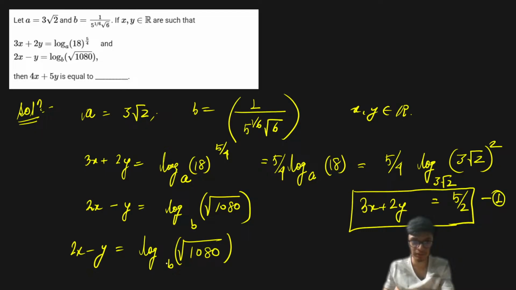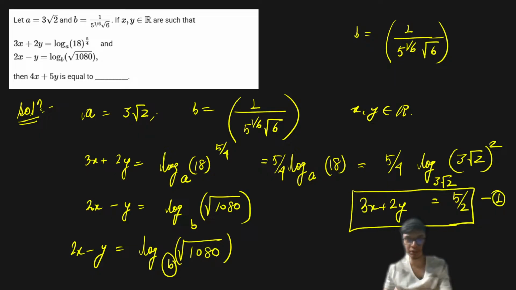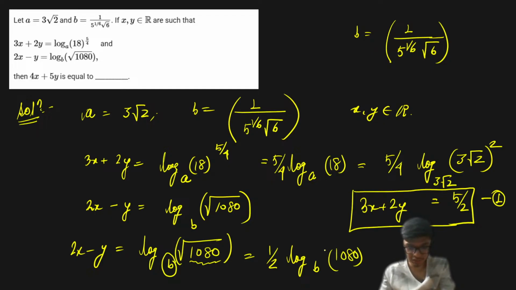The base B is given as 1 upon 5 to the power 1 by 6 into square root of 6, right? So I have to establish this quantity in terms of this base so that I can simplify it easily. First, I can write this expression as half times log of base B of 1080, right?